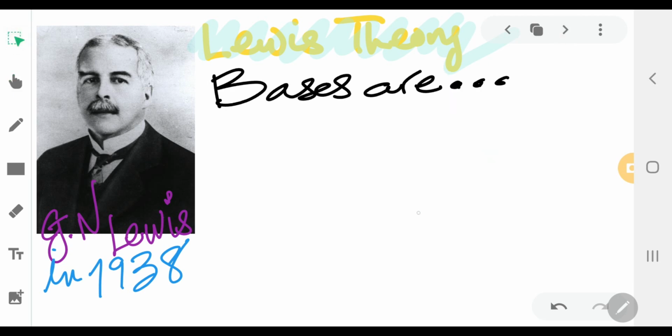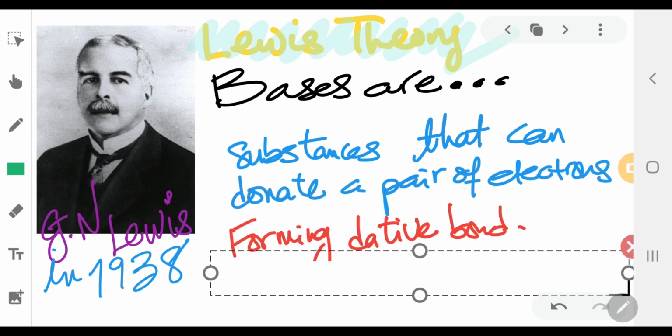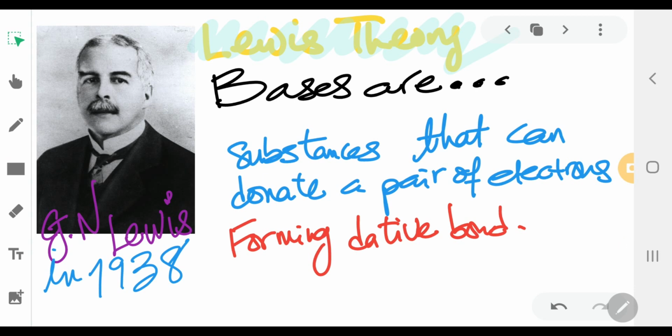Bases, on the other hand, according to Lewis theory, are substances that can, if you can guess, yes, be donating an electron pair. Instead of accepting, bases are something that can donate a lone pair or electron pair. If you remember in Bronsted-Lowry just now, we were talking about water as an acid reacting with ammonia, NH3.